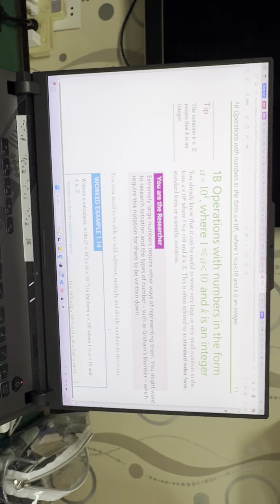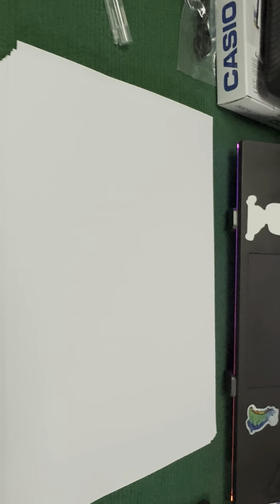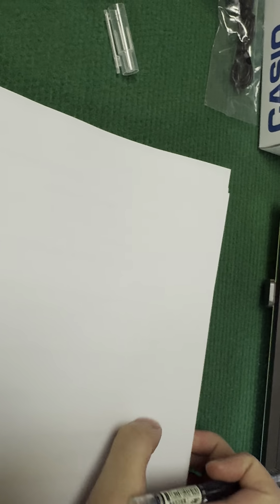It's easy to change a number to this form, but I want to introduce an easy way to make everything faster. It is my experience.